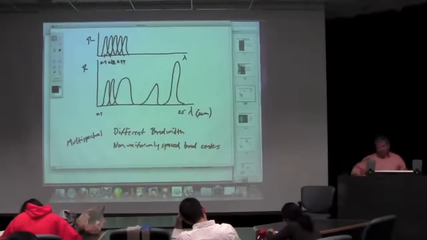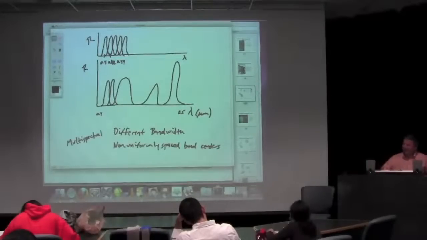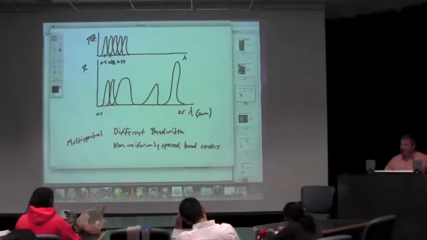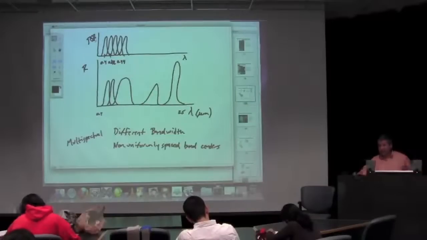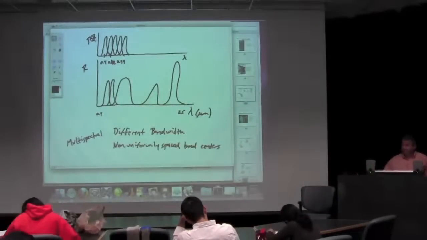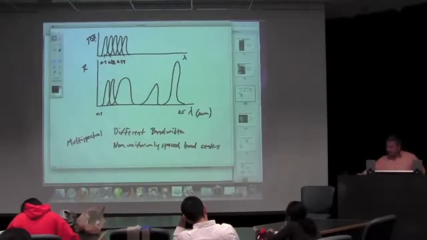Yeah, what I've drawn here, the spectral response functions look like they're equal magnitudes. Typically, we express these as RSRs, or relative spectral response functions, where they all normalize to a peak response of 1, in which case they would look like this. But they don't necessarily have the same absolute spectral response. In fact, they never do, because of the detector.